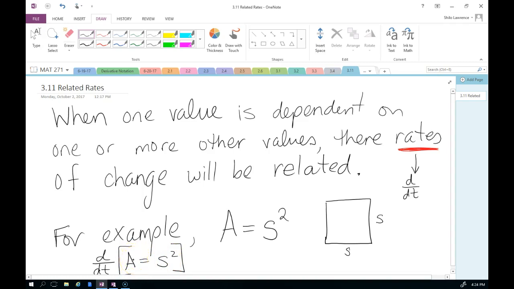So you can imagine this square growing or shrinking and making a larger or smaller square, and this little change in s here, delta s, is going to create a change in area, delta A.